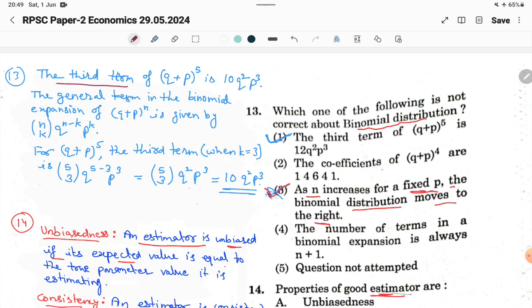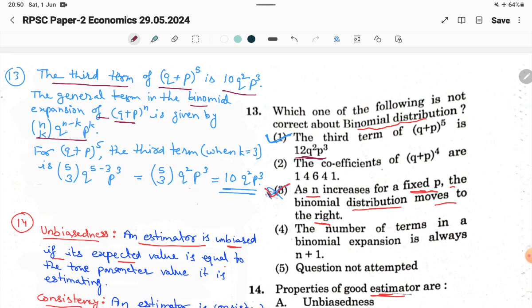The third term of (q + p)^5 is 10 q^2 p^3. It will be the correct option, and here it is given as 12 q^2 p^3. The general term in the binomial expansion of (q + p)^n is given by nCk q^(n-k) p^k.